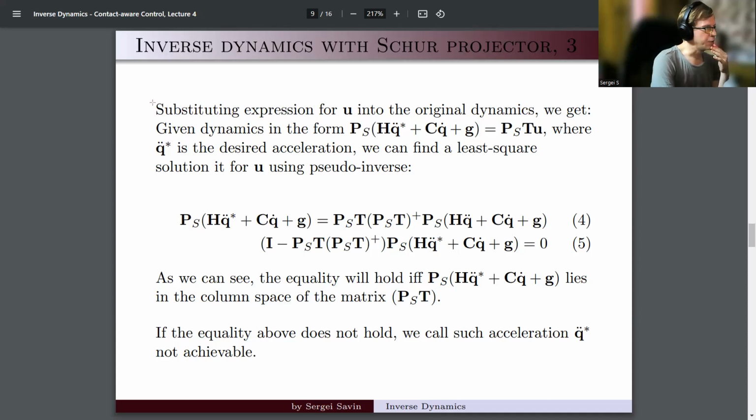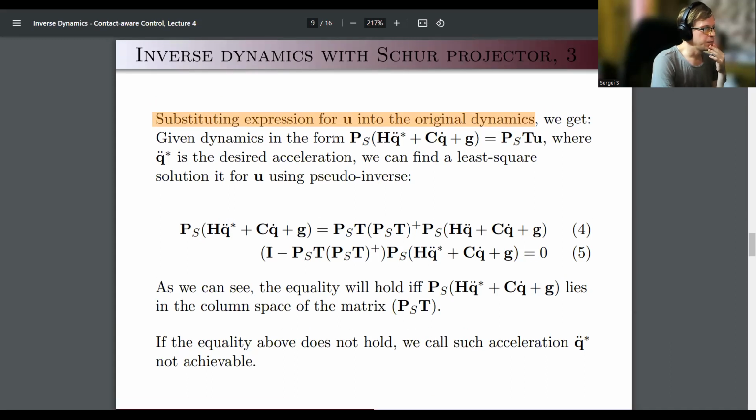We can substitute this expression back into the original dynamics. Here is the original dynamics, and the pseudo-inverse that we substitute is this guy.